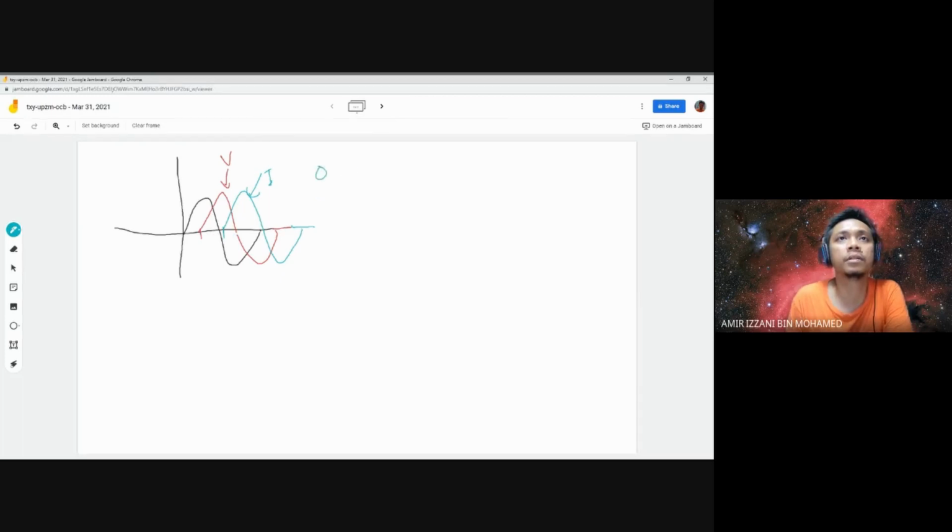This one by 2, this one by 1. To see the difference, we can just subtract this one, so we can see the difference.